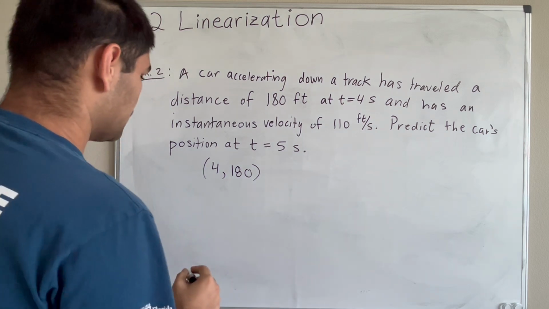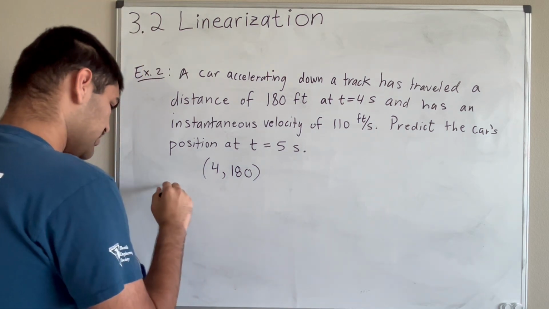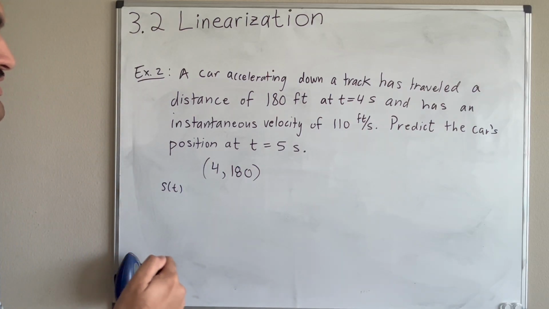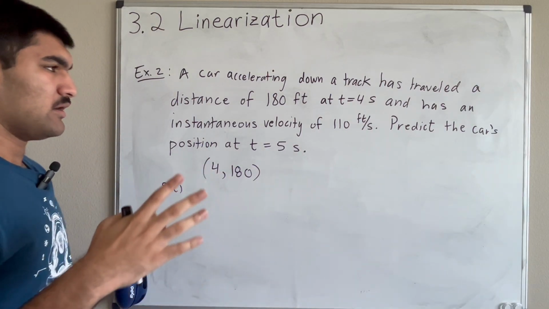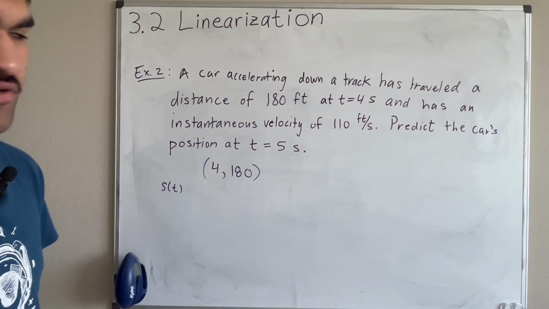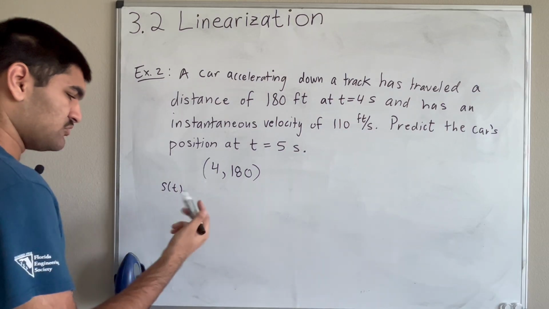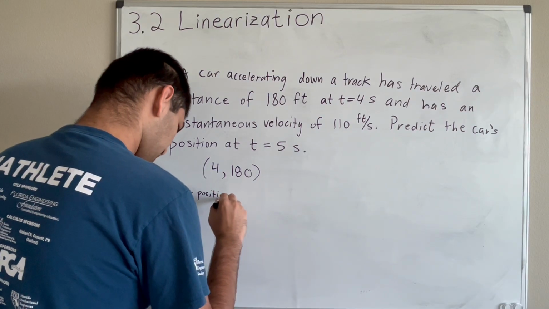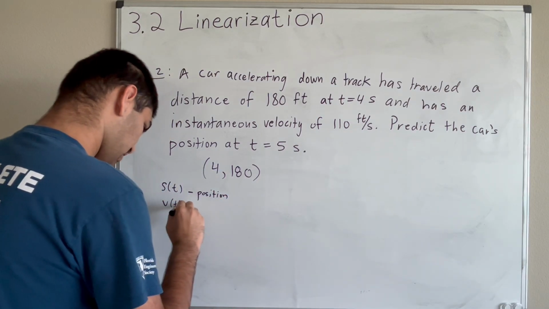Okay, and just some common notation: in these types of physics, position-velocity-acceleration problems, s of t usually denotes the position function. And then v of t is the velocity function.